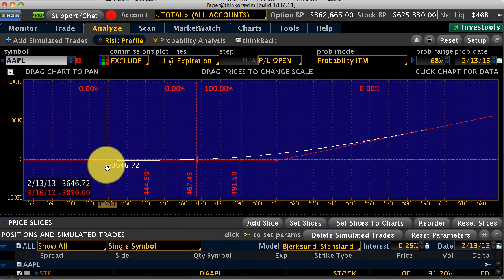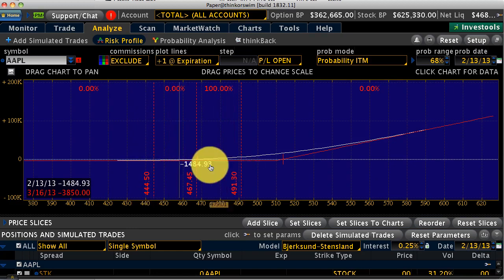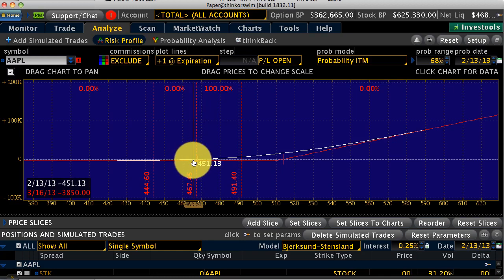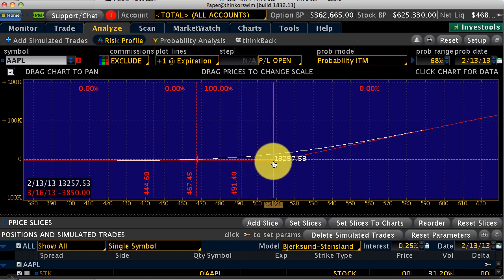Now you can see that this horizontal line represents a maximum loss of 3,850. But look what it did to your break-even point. So Apple's currently right here at $467. But now, because you bought the 510, you're going to see a horizontal line all the way till 510.